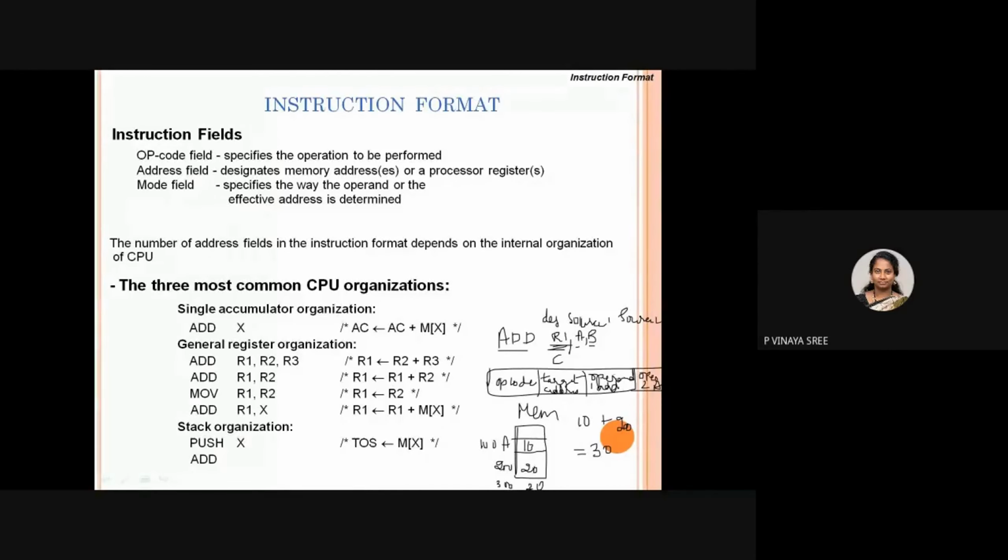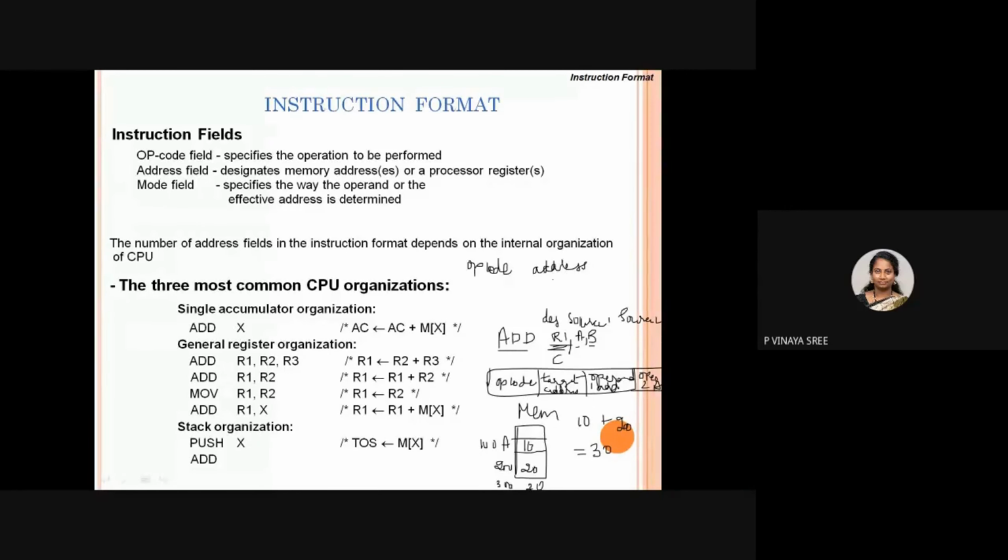So in this we are mentioning three addresses. If it is an accumulator, the format for a single accumulator will be an opcode and an address one, only a single address of an operand. And when we are performing an addition, how can we perform it with a single address? Implicitly, one of the operands will already be present in the accumulator.